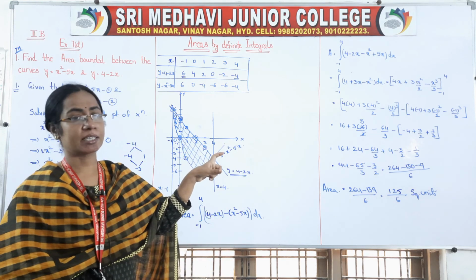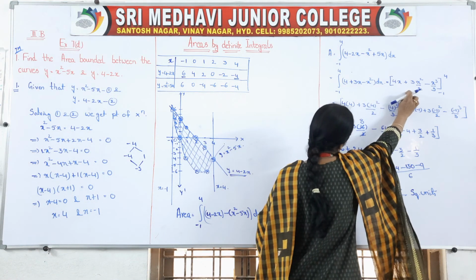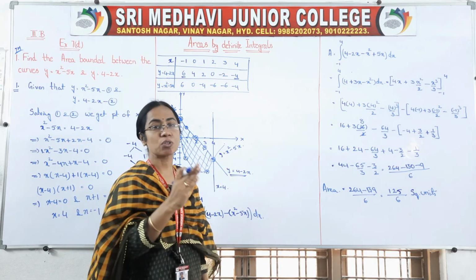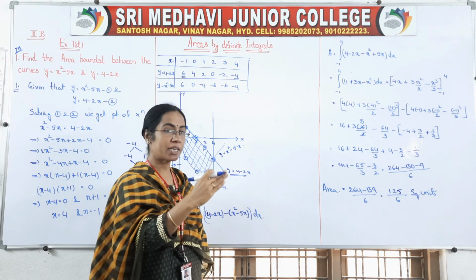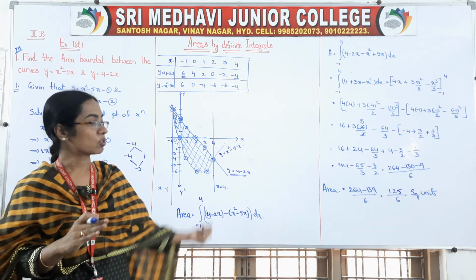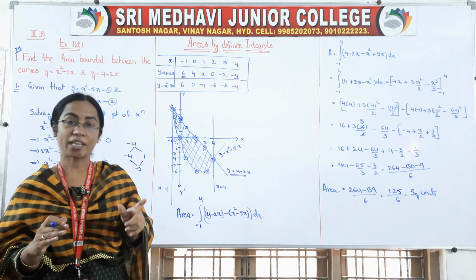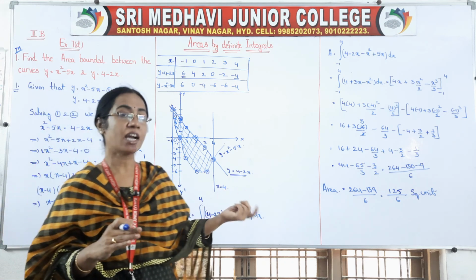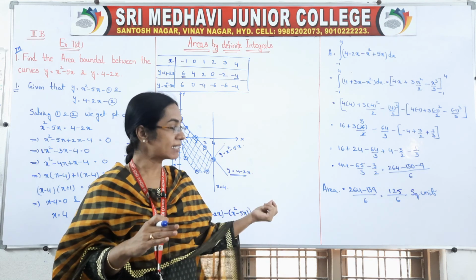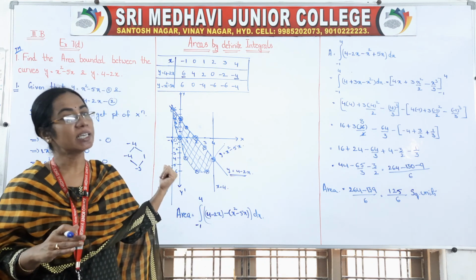First apply the normal integral formulas, and we get one equation at the end. In that equation, first substitute the upper limit in place of x, minus the lower limit substituted in place of x. Then you will get your area, and compulsorily you have to write square units at the end, because we have taken area. 125 by 6 square units of area will be covered by this curve and the line.